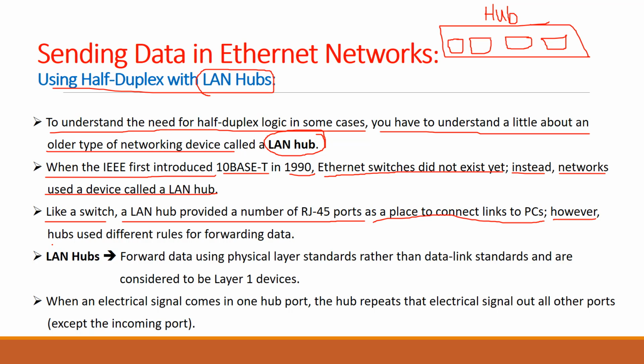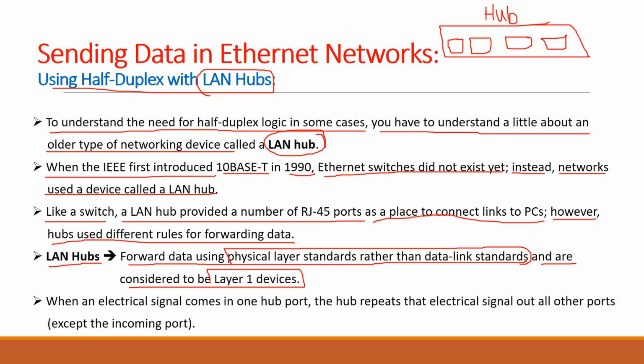However, hubs use different rules for forwarding data. A LAN hub forwards data using physical layer standards rather than data link standards. This is the major difference between switches and hubs. Hubs forward data using physical layer standards, but switches forward data using the data link standards. And LAN hubs are considered to be layer 1 devices.